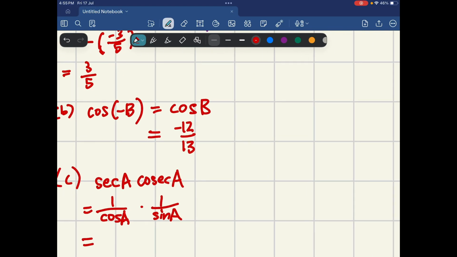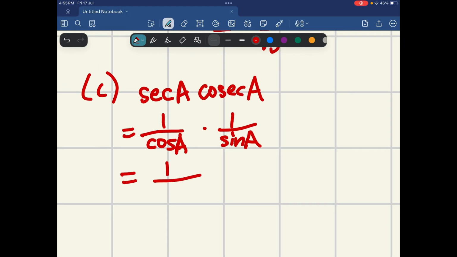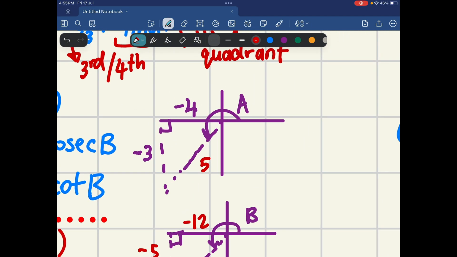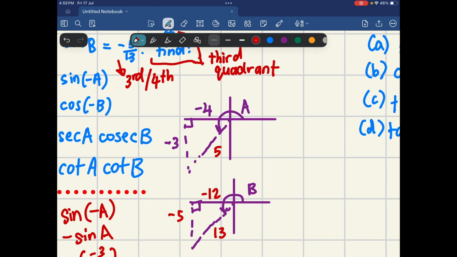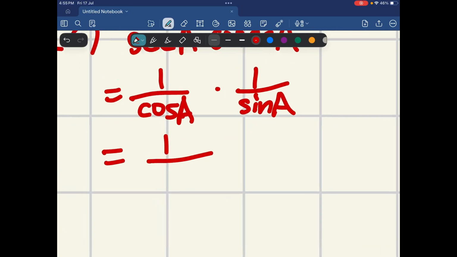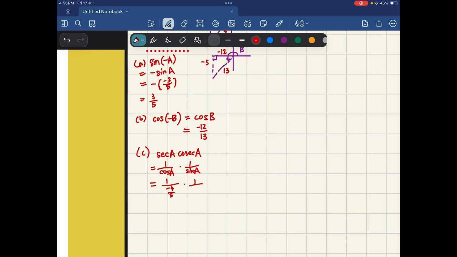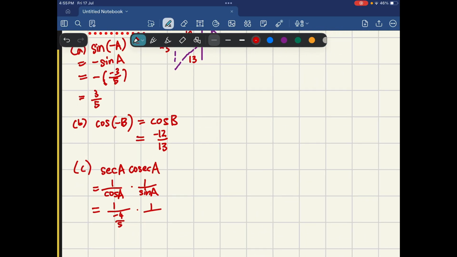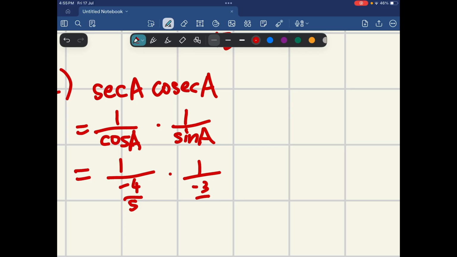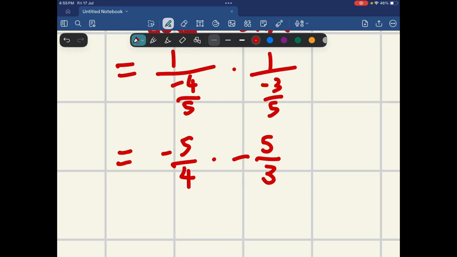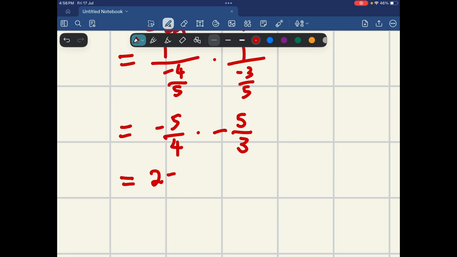So cosine A, if you look at the diagram here, cosine is adjacent over hypotenuse. So it'll be minus 4 over 5. Sine is opposite over hypotenuse, so it'll be minus 3 over 5. So this will be minus 5 over 4 times minus 5 over 3. This will be 25 over 12.